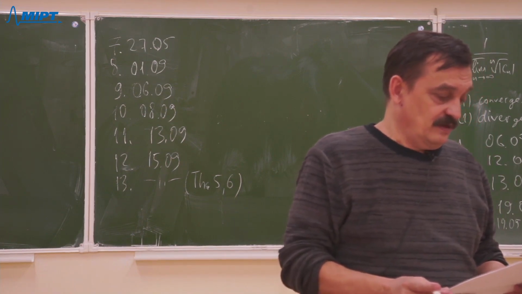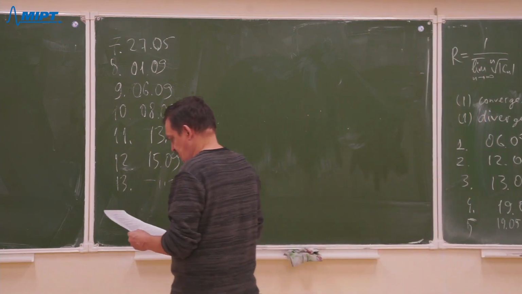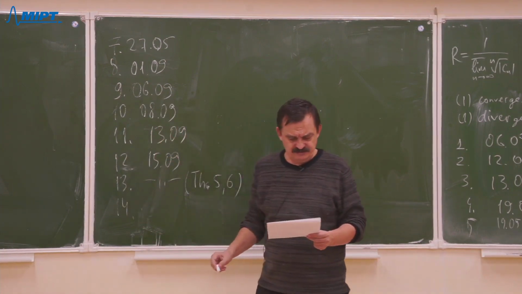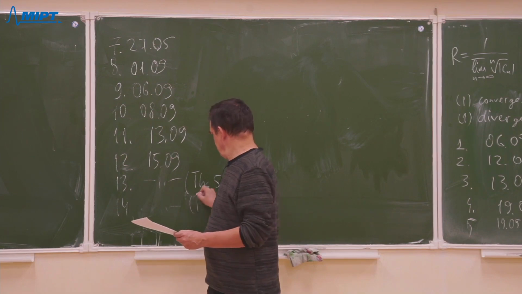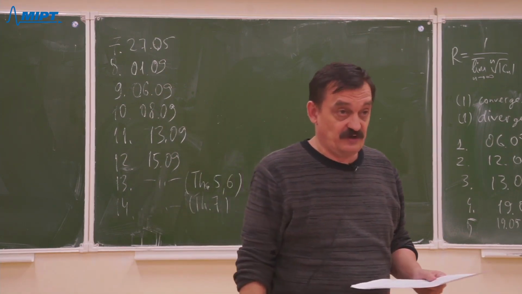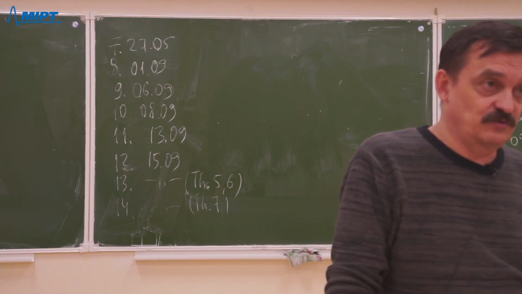Okay. 14th question, the same lecture, or maybe the next one also, right? I think, yeah, the proof I didn't finish on that day. Theorem 7, compactness of a cube in Rn, right? That is a difficult proof, right?